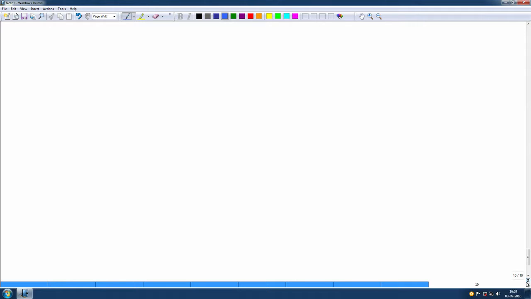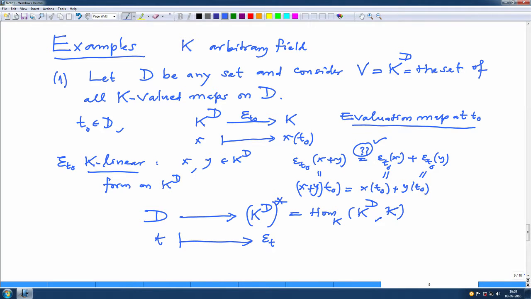So next thing I want to compute is the kernel of epsilon t naught. So this means this is all those functions x in K power D which go to 0 under epsilon t naught.